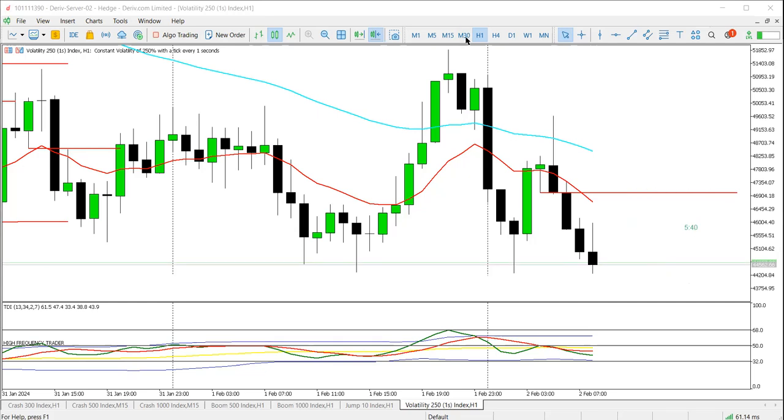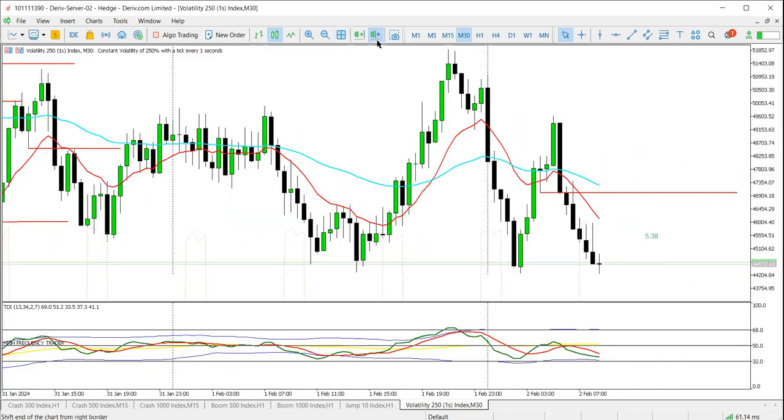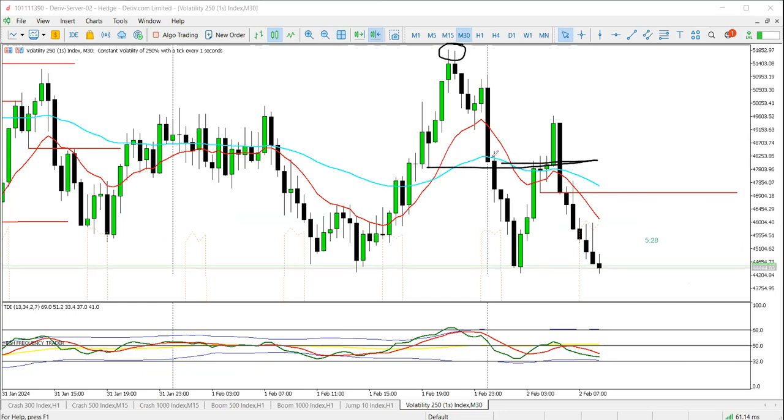Let's see if we've got another potential area we can sell from. From this peak from yesterday, you can see that this was the order block.